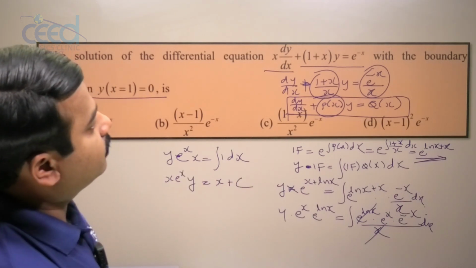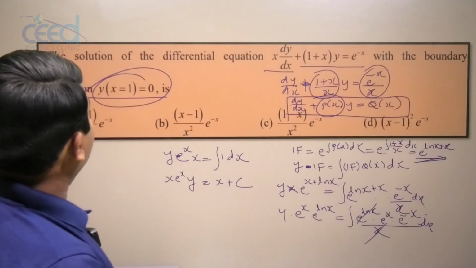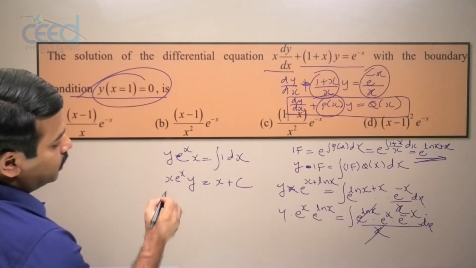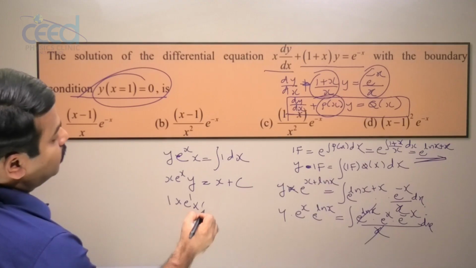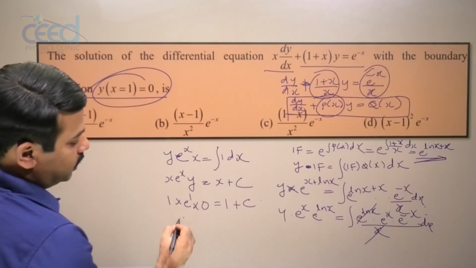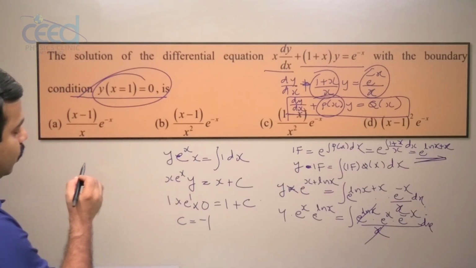Now to solve for c, they have given one condition: x is equal to 1, y is equal to 0. Putting x equal to 1 gives 1 into e raised to 1 into 0 equal to 1 plus c, so c is equal to minus 1.